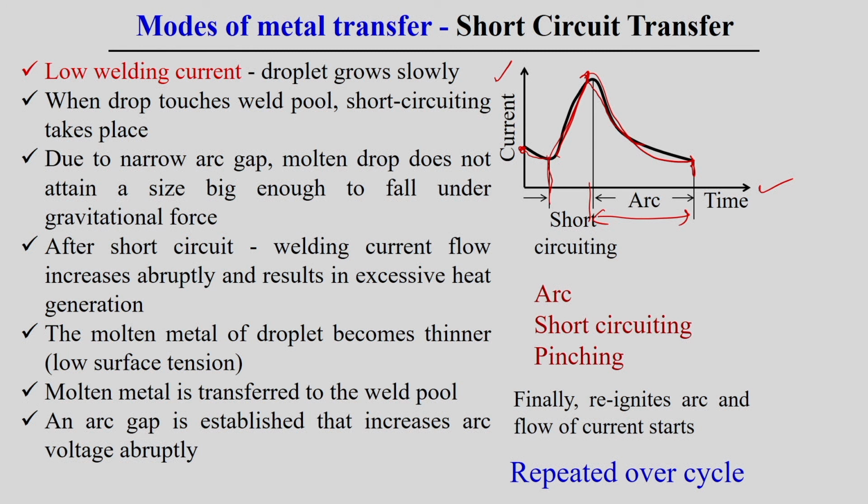So basically, first there is the creation of the arc, then short circuiting, and then pinching of the molten droplet. These are the basic steps associated with the short circuit method of metal transfer. Finally the arc reignites and the flow restarts. This phenomenon is repeated over the cycle. This way we can explain the short circuit kind of metal transfer.